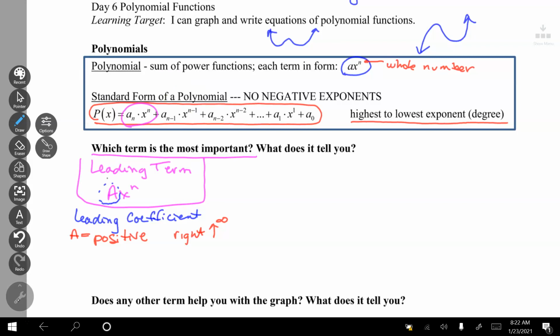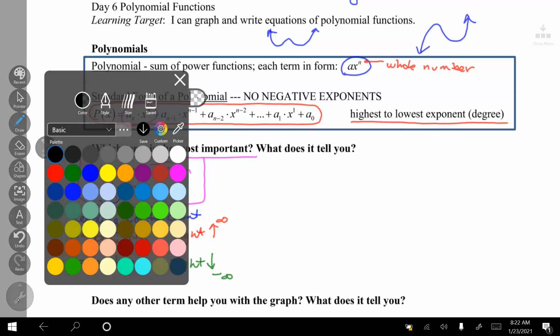And if a is a negative number, that means the right side of the graph will go down to negative infinity. So that leading term has two parts to it. The first part is the leading coefficient, a. If a is positive, the right side goes up. If a is negative, the right side goes down.